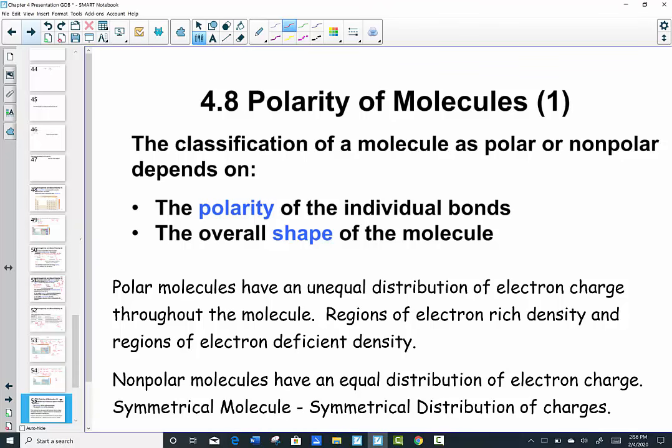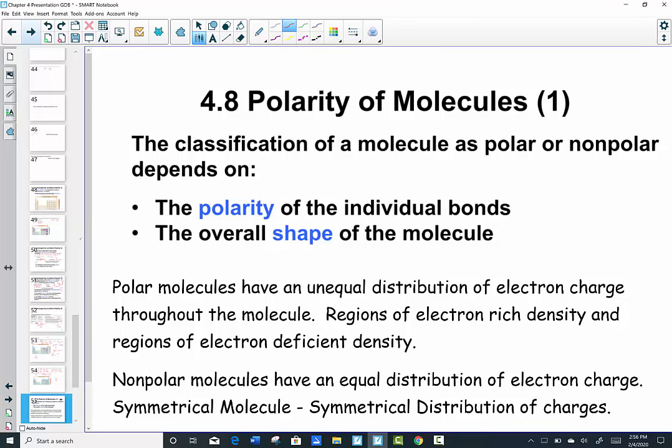Polar molecules have an unequal distribution of electron charge through the molecule, regions of electron-rich density and regions of electron-deficient density. Nonpolar molecules have an equal distribution of electron charge. Think symmetry.